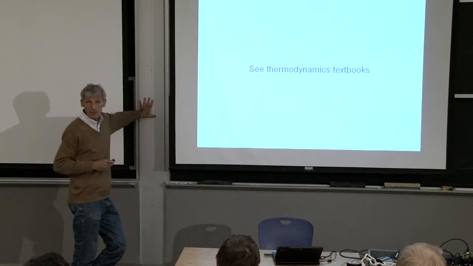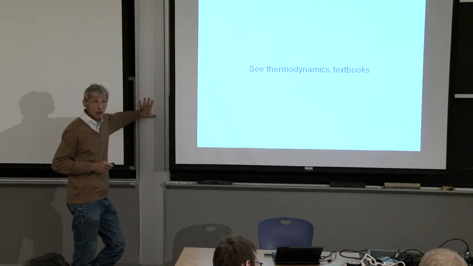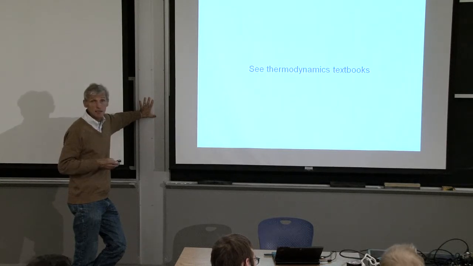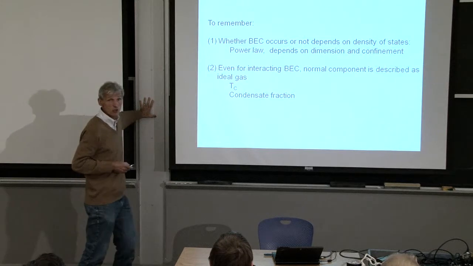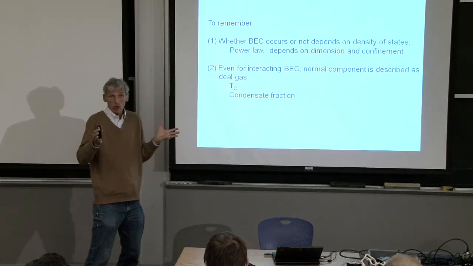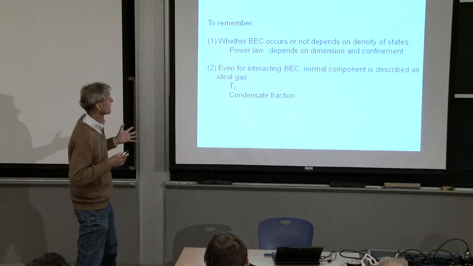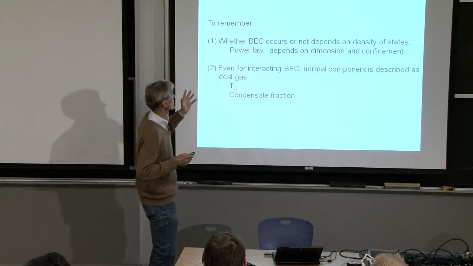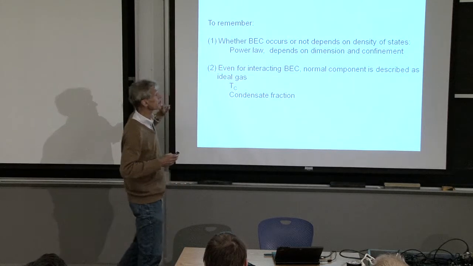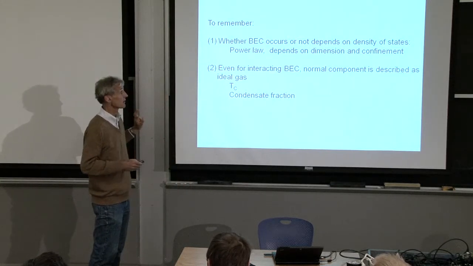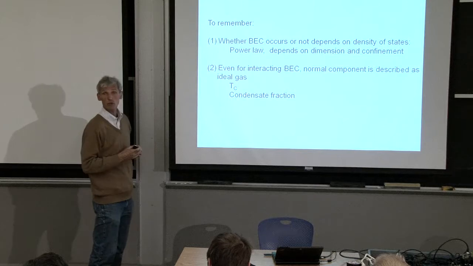I don't think I have to say too much about the ideal Bose-Einstein condensate because it's dealt with in pretty much all undergraduate or graduate textbooks. There are just 2 things to remember in terms of a system description. First, whether Bose-Einstein condensation occurs or not depends on the density of states, and that depends on dimension and confinement.